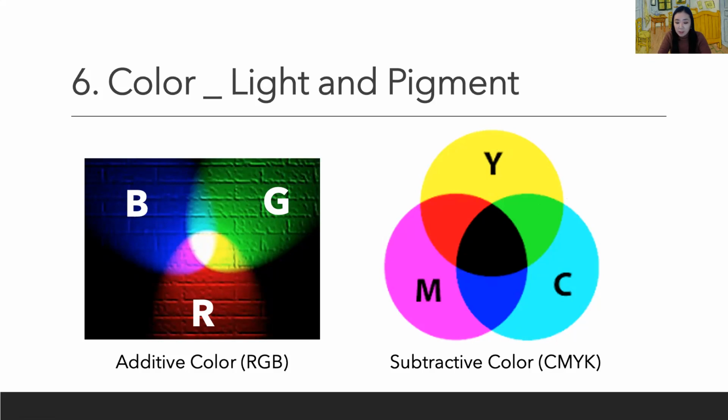CMYK color is used for all kinds of printing, like t-shirt printing, magazine or book printing, product printing, label printing. They're using CMYK color.